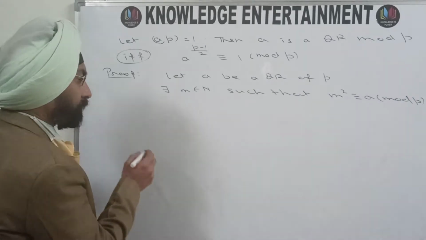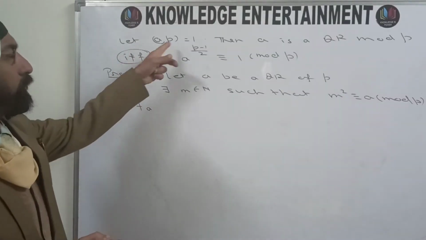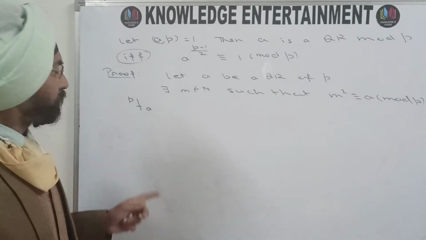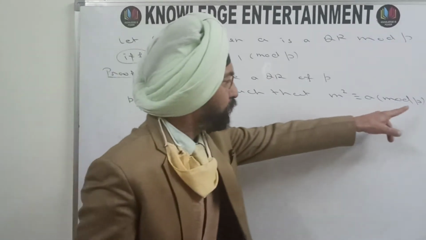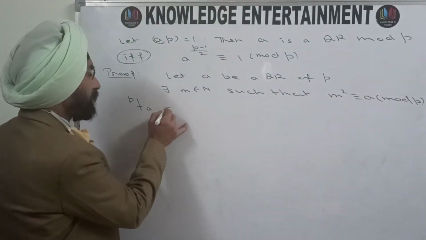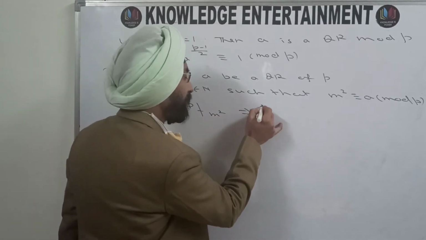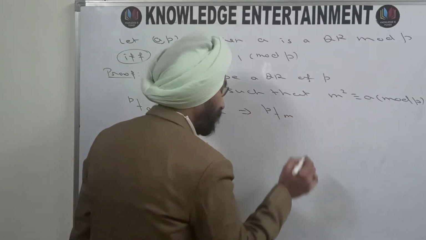One thing is clear, that p does not divide a, because GCD of a and p is 1 and p is an odd prime. And if p does not divide a, definitely p does not divide m squared, and this means that p does not divide m.